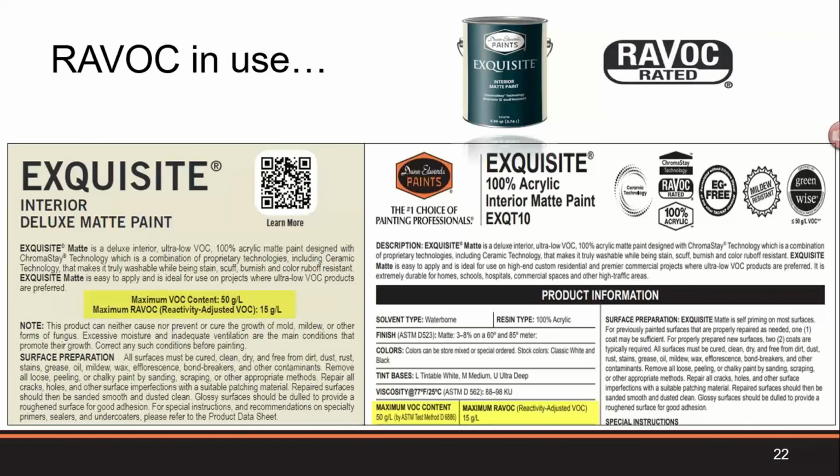We can see, for example, the maximum VOC content of our new Exquisite product, which is an excellent interior matte. This product, by normal standards, has 50 grams per liter of VOC emissions. However, only 15 grams per liter of that is actually reacting to create ozone.